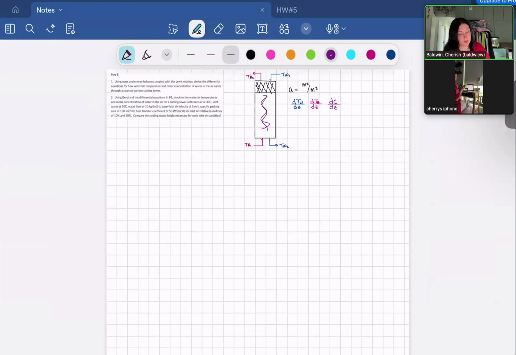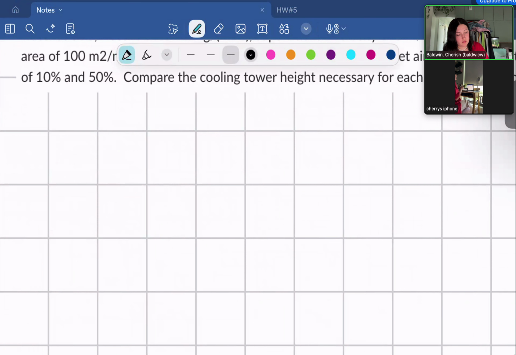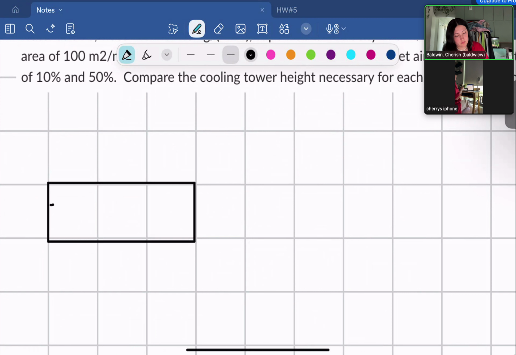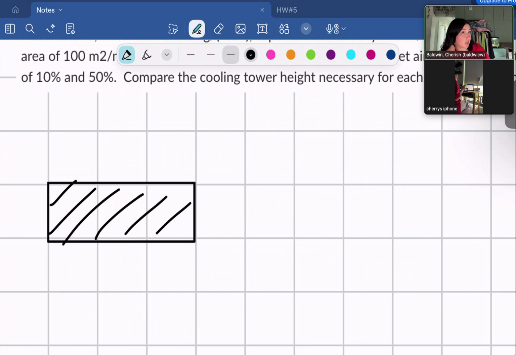All right, so first we're going to define the packing and the flow rates of the water and the air. So like we said, water was flowing down and air is flowing up.